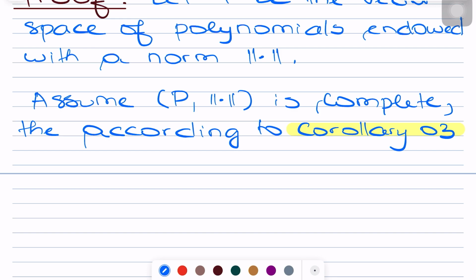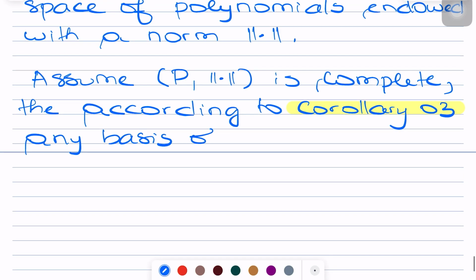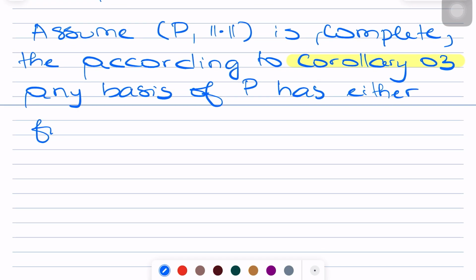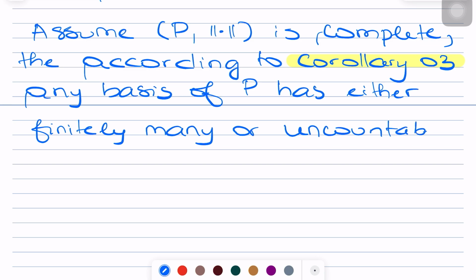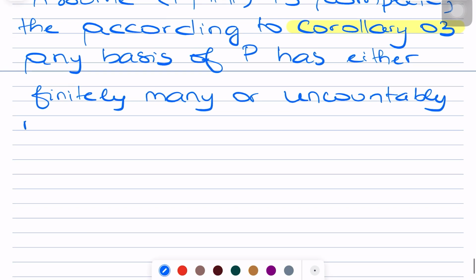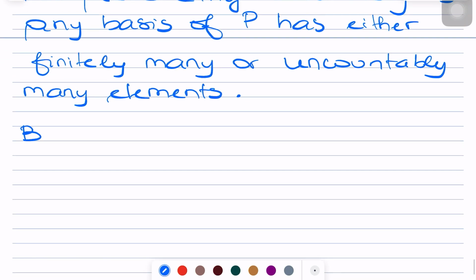Any basis of P has either finitely many or uncountably many elements. But, put it in color, right?